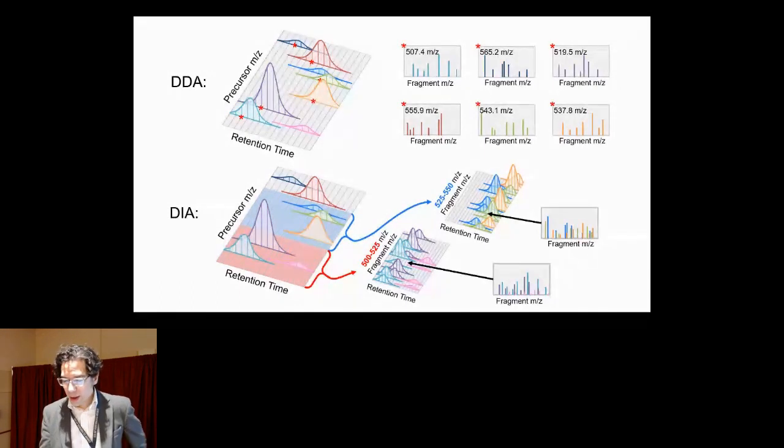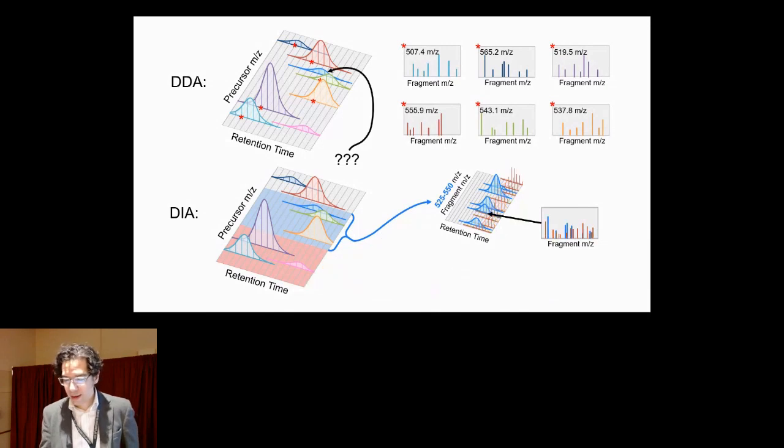As a result, the actual fragmentation patterns in any one of these individual spectra are extremely complex. They're a mixture of peptides of multiple types with multiple different precursors. So a lot of the trick in analyzing this data is picking out which of those fragments actually co-elute with each other and belong to the peptide, in a sea of other peptides and other fragmentation patterns.